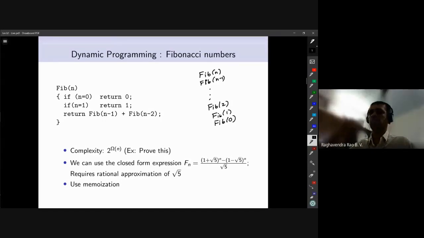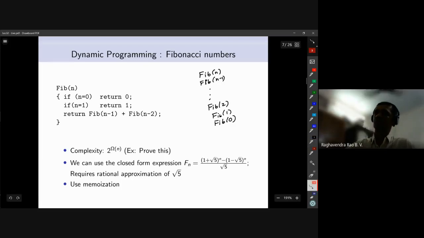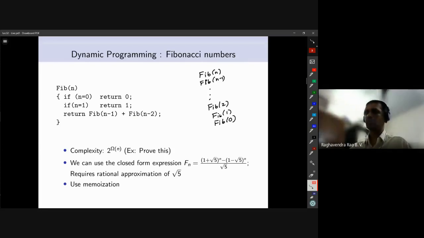They are used in an exponential fashion; the combination is exponential, but there are only these many values. If you draw the recursion tree, there will be lots of reuses. Fib n by 2 will be called multiple times, which is unnecessary.